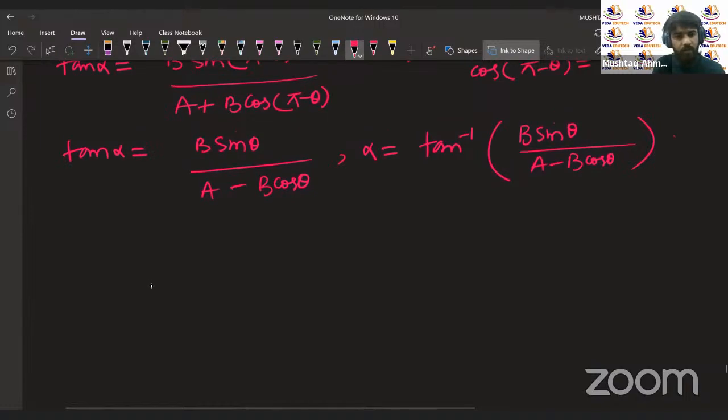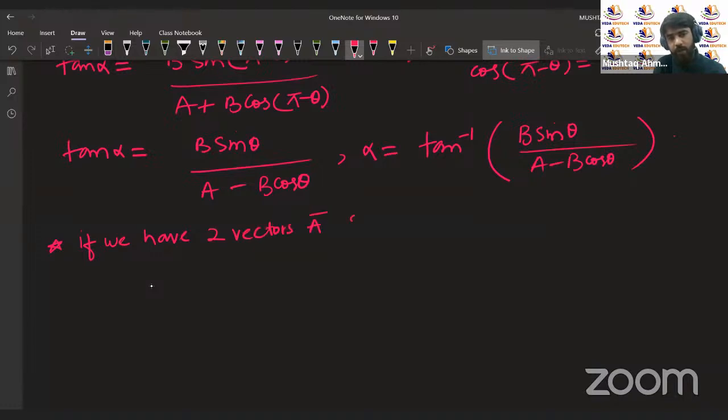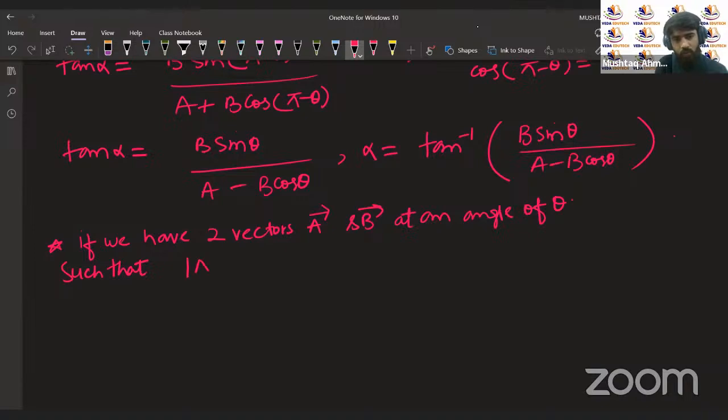Let's suppose that we have two vectors A and B at an angle of theta, such that mod of A is equal to mod of B vector.